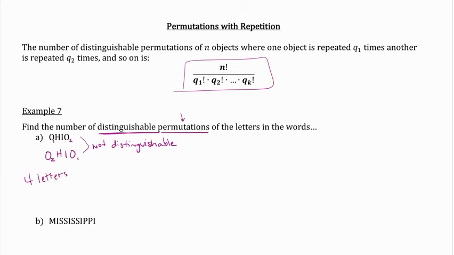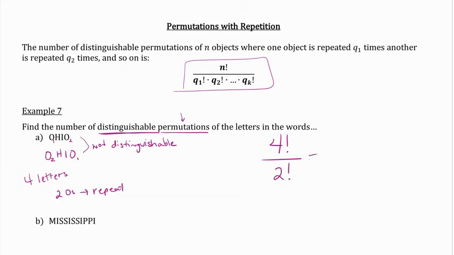That means I have 4 total objects that I'm finding the orders of. 4 factorial would be the number of ways I could order 4 things. But I'm going to divide by anything that repeats. There are 2 O's, that is my repeat, so I'm going to divide by 2 factorial.